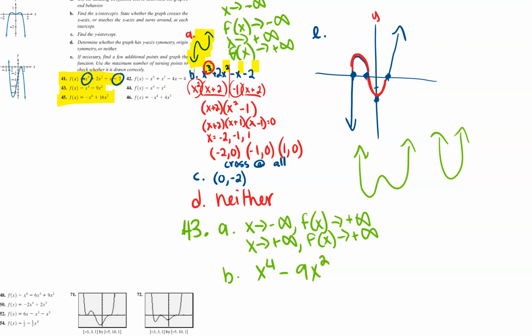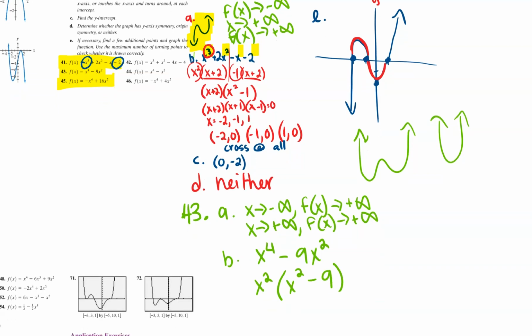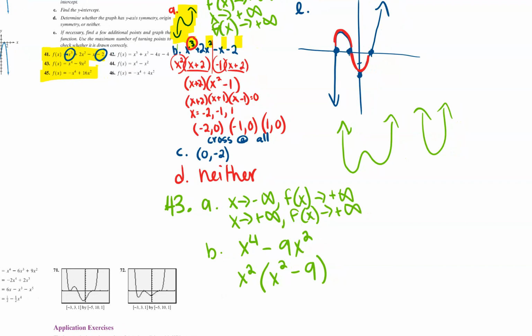So the first thing I'm going to do is factor out a GCF. The GCF is going to be x squared. I'm left with x squared minus 9. And then this is a difference of perfect squares, so x plus 3 times x minus 3.